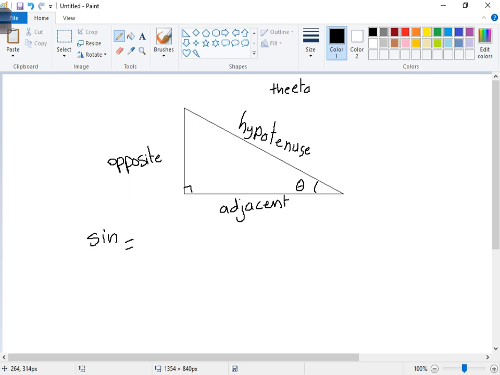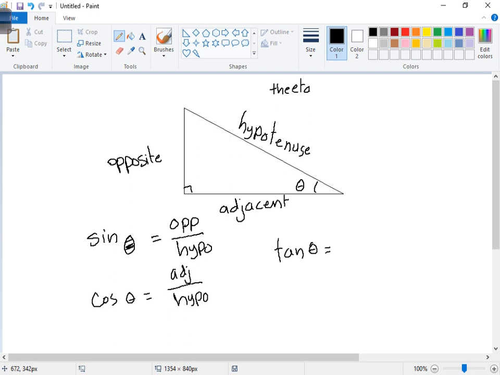We would say sine theta equals opposite over hypotenuse, and cosine theta is equal to adjacent divided by hypotenuse, and tangent or tan theta is equal to the opposite over the adjacent.